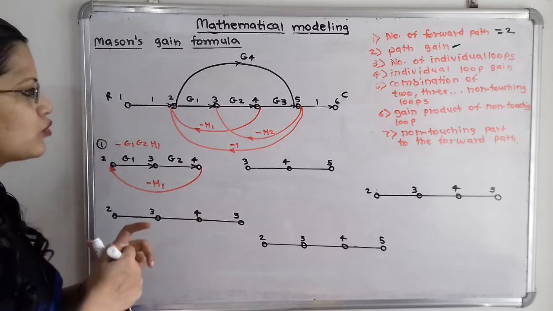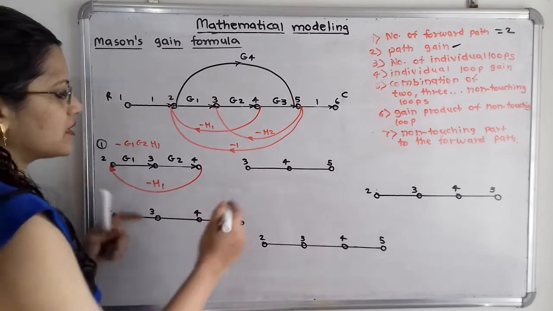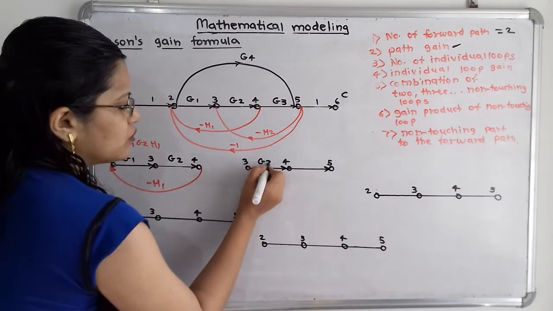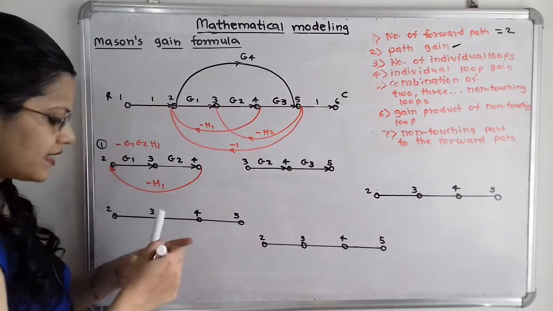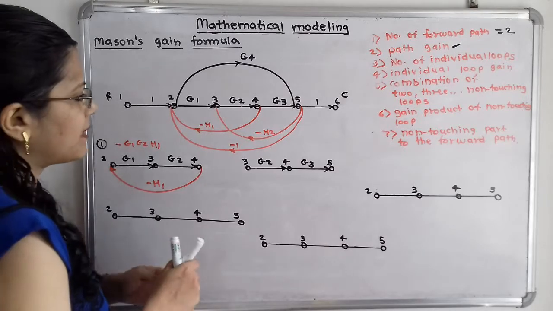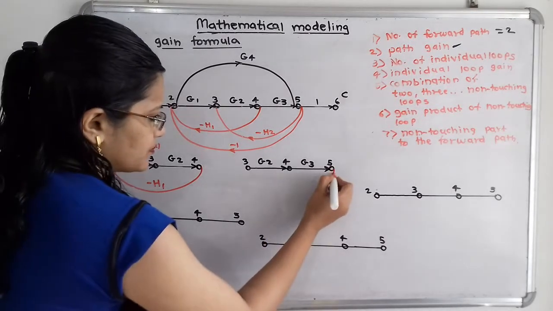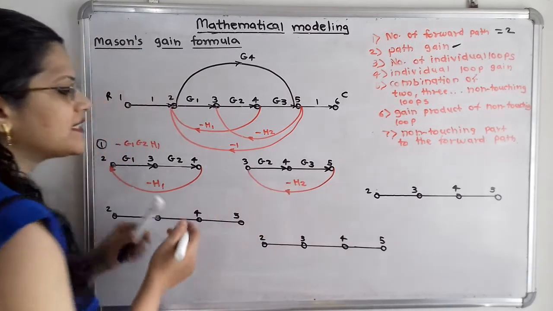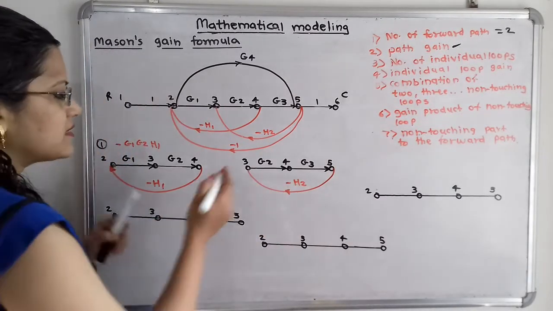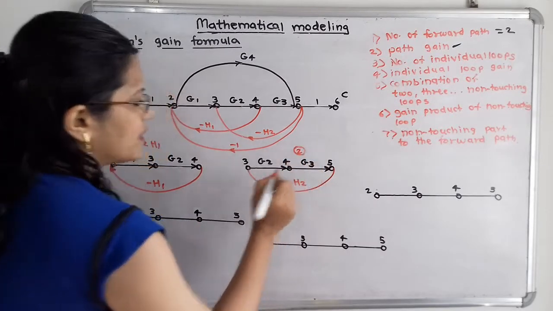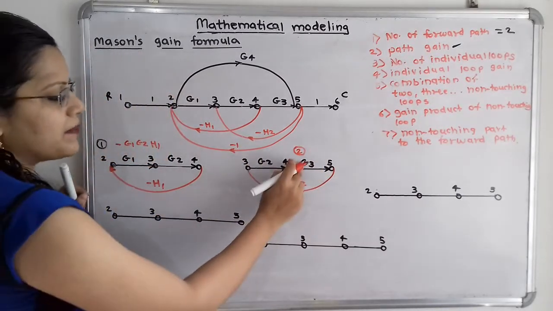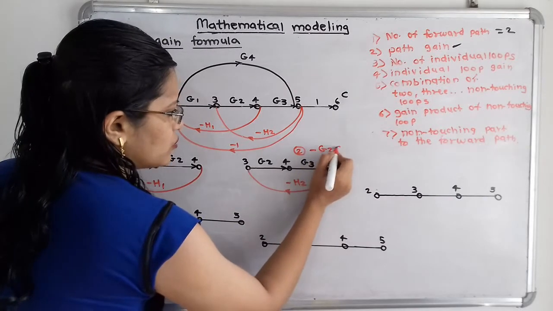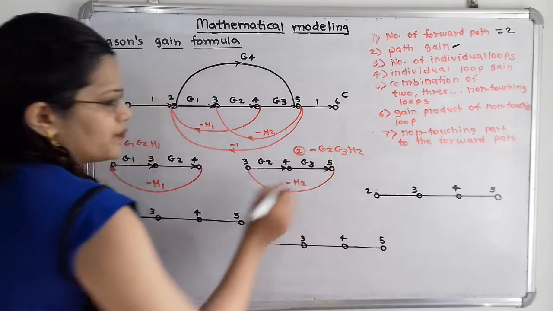So from node 3 to 4, 4 to 5, we have to mention here G2, G3, and then the feedback path is minus H2. So this is the second loop. For this second loop, what is the loop gain? That is the multiplication of all these gains, that is minus G2, G3, H2.